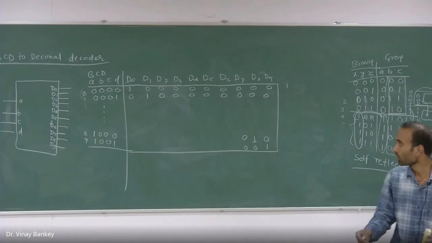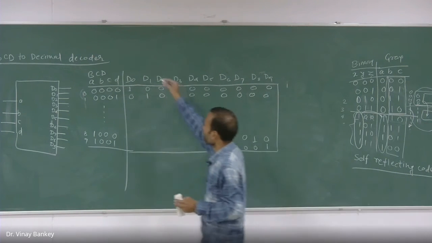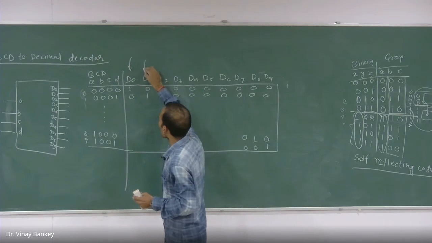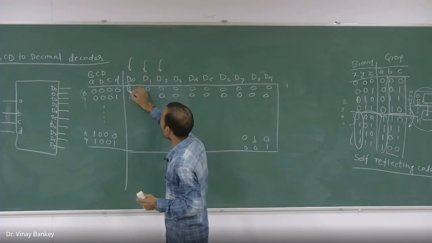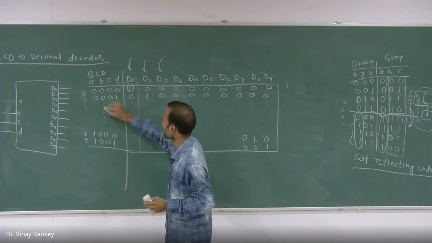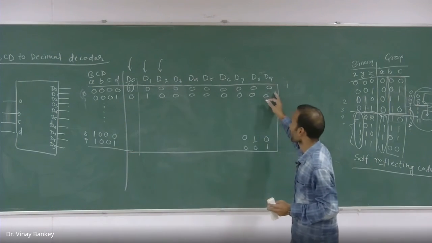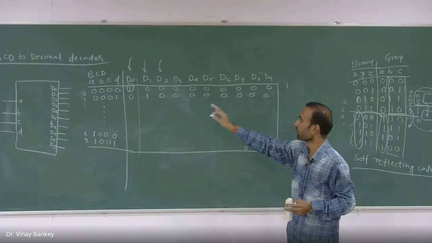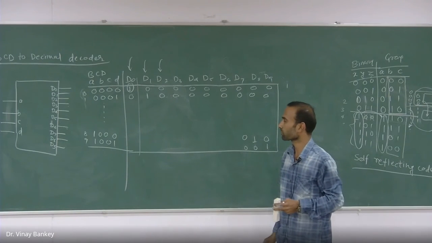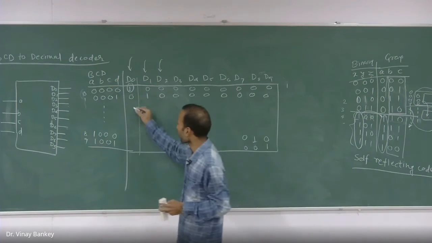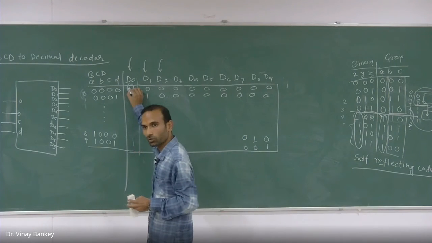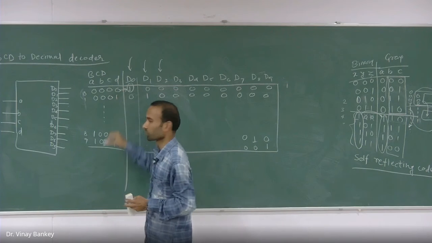So what you need to do here is write a K-map, or solve this D0 for these combinations. So we will write 10 K-maps. But it is very easy because all these are 0 except D0 at this position for this combination.